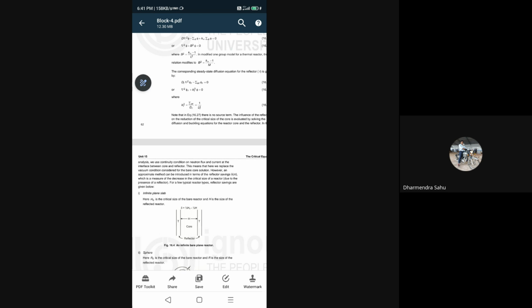This means that here we replace the vacuum condition considered for the bare core solution. However, an approximate method can be introduced in terms of the reflector saving delta, which is a measure of decrease in critical size of the reactor due to presence of reflector. For a few typical reactor types, reflector savings are given below.